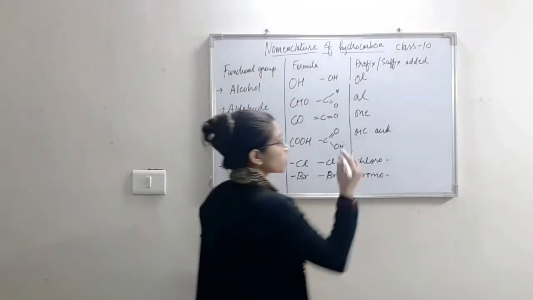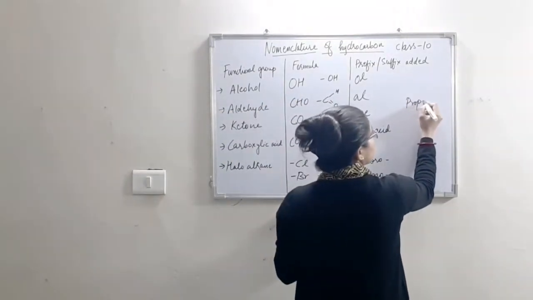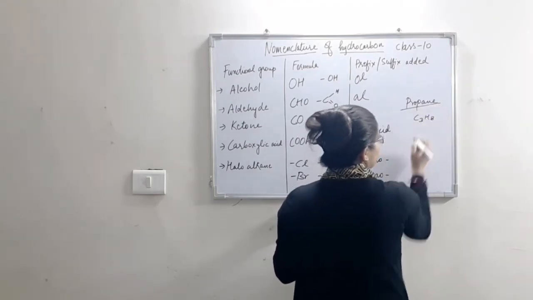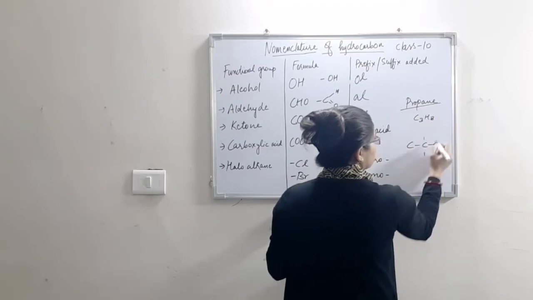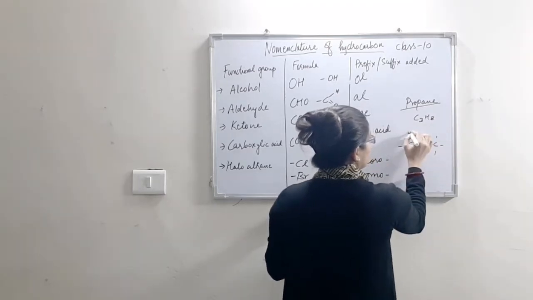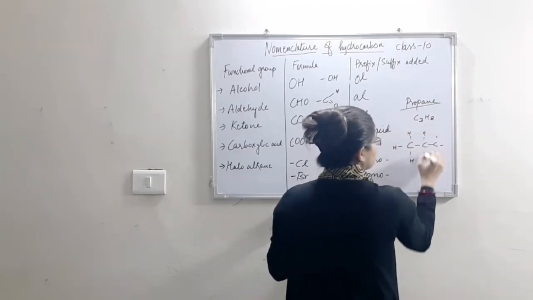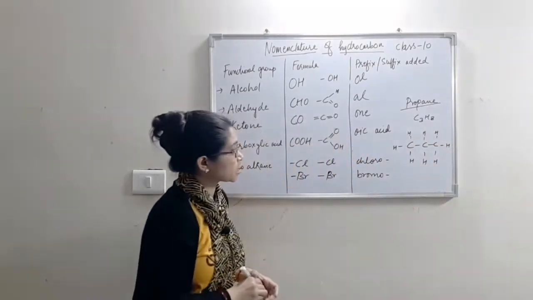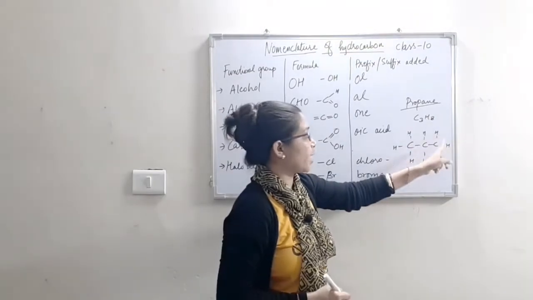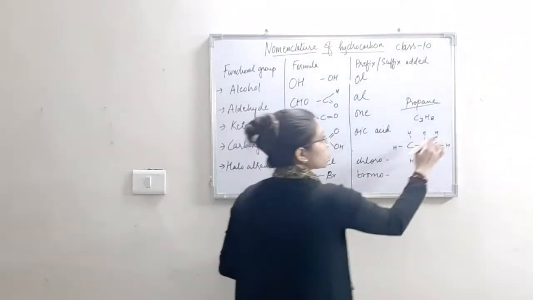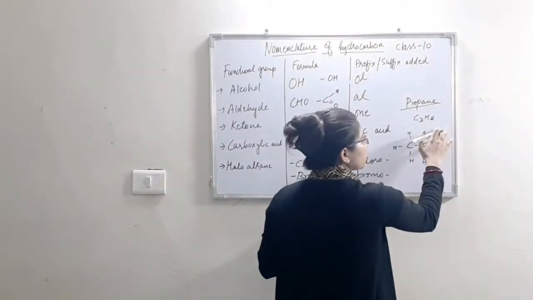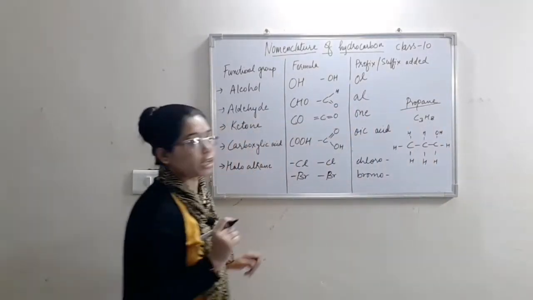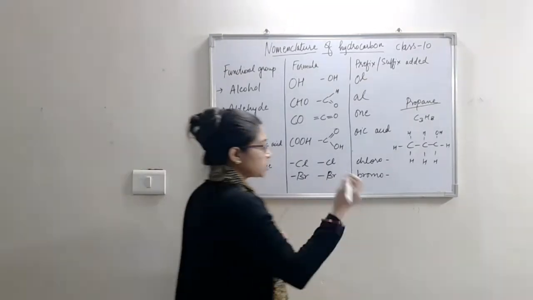For example, in propane, the chemical formula is C3H8. We can remove one hydrogen from here, here or here, and put the OH group, and the name of propane will change to propanol.